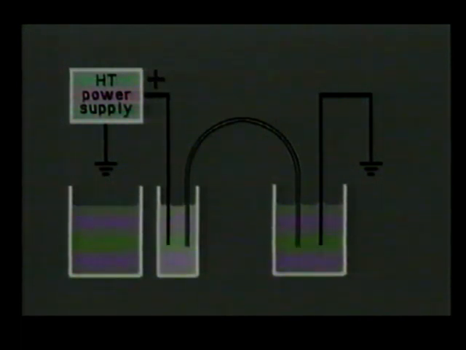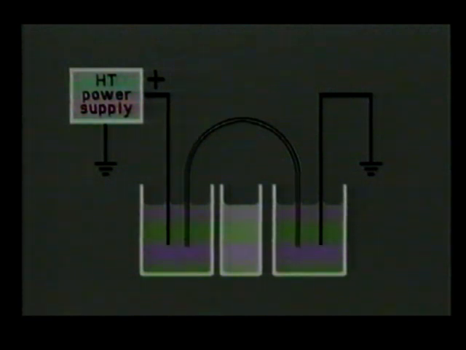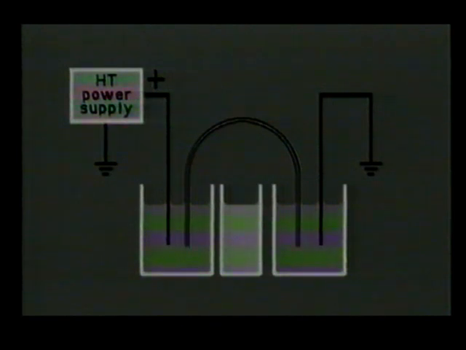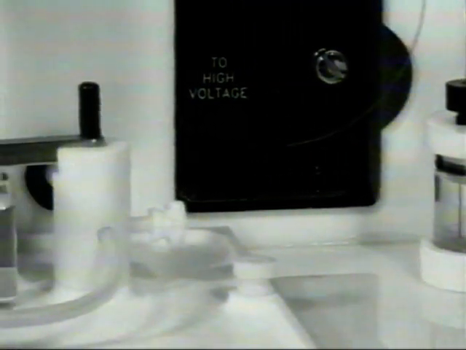A minute volume of sample solution, typically between 1 and 20 nanoliters, is injected into the capillary at the anodic end, and the analytes are detected in the capillary near the cathode. Due to an important feature of capillary electrophoresis called electro-osmotic flow, both positively and negatively charged as well as neutral species can be eluted at the cathodic end of the capillary.